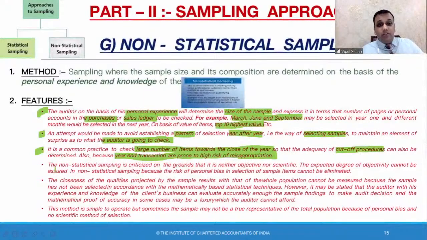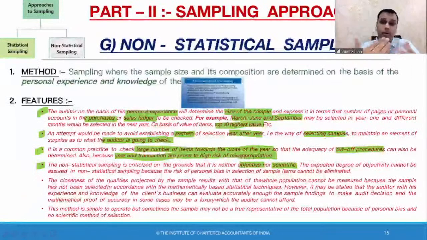The non-statistical sampling technique is usually criticized because it is neither objective nor scientific. It is kind of a bias. It depends upon professional judgment, and professional judgment will vary from person to person; it is subjective. The objective things are those which have a certain standard or set of rules, a science behind them.